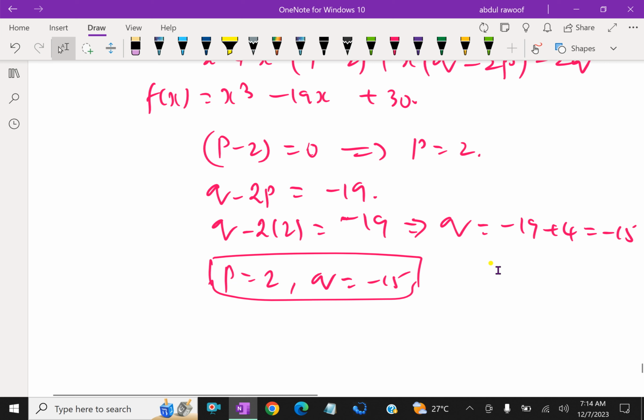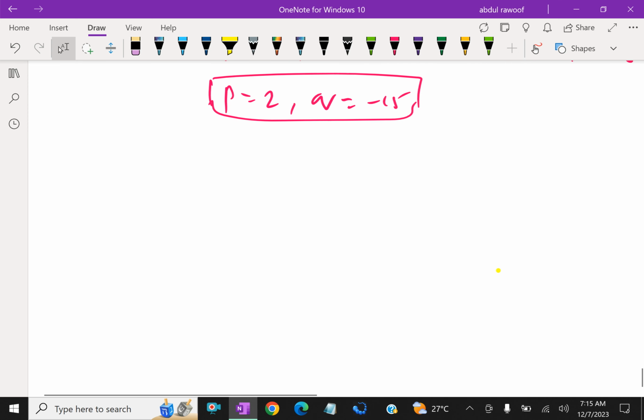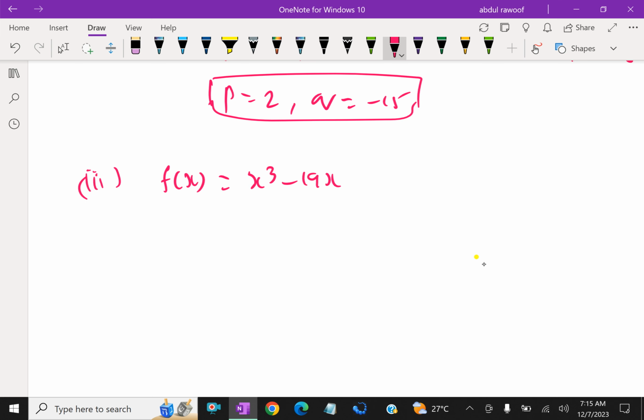Now, let us solve the equation x cubed minus 19x plus 30 equal to 0.